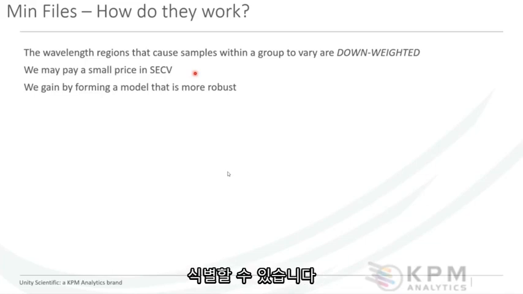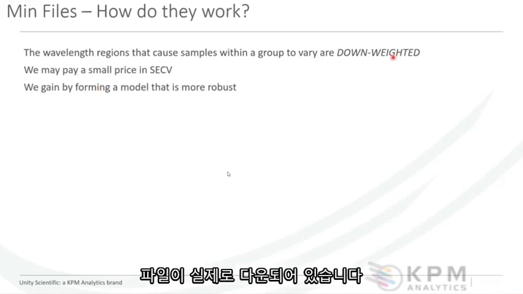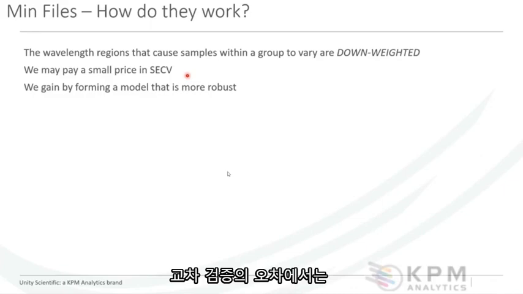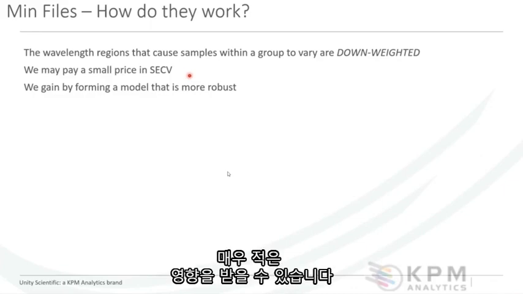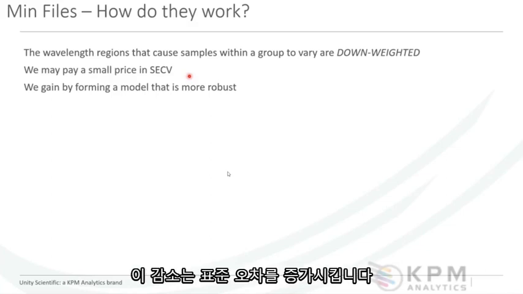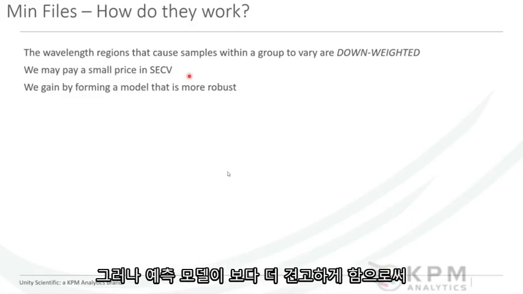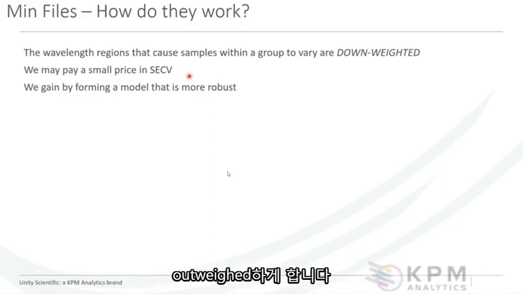And the wavelength regions within these samples that are shown in your min files are actually downweighted so that they don't affect the results. You might pay a very small price in the standard error of cross-validation. So you might get a couple hundredths of a percent increase in your standard error, but this is far outweighed by the model being more robust.